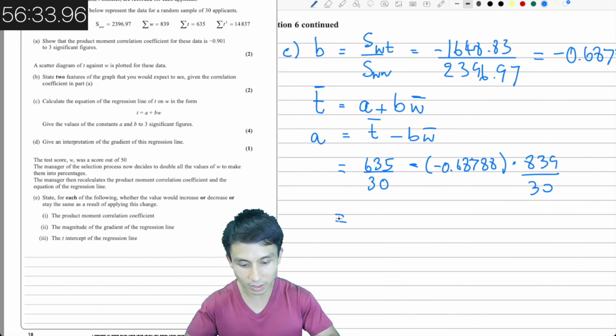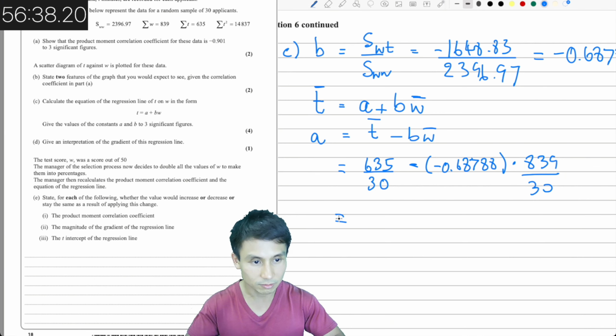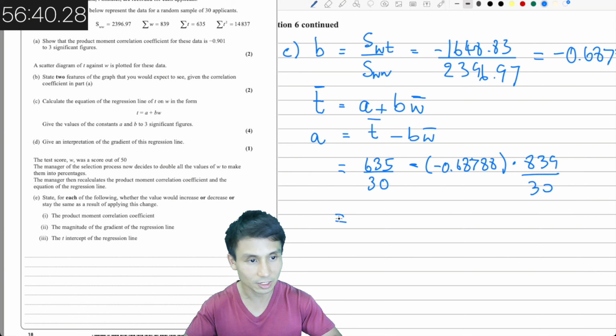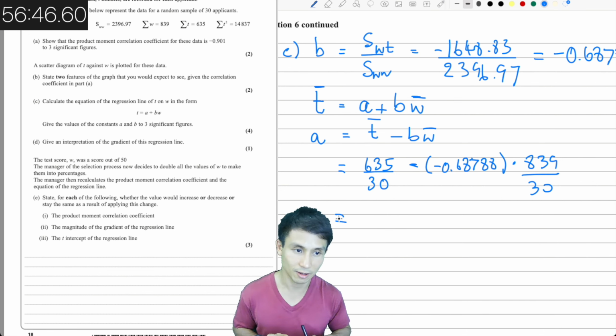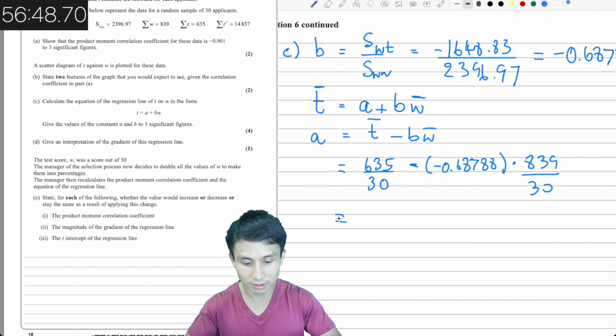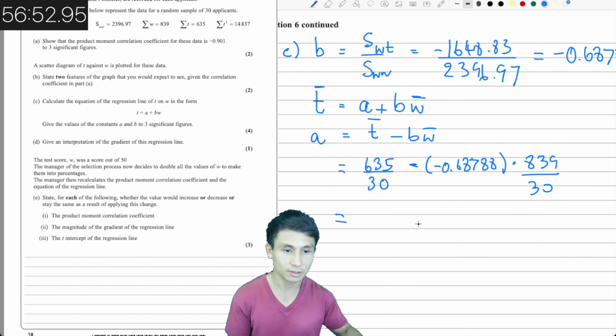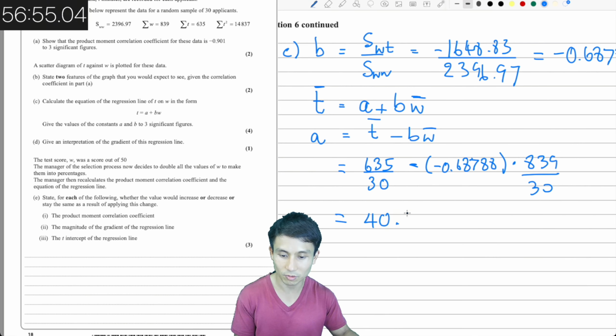Just put everything in the calculator, 635 over 30, and then minus B, so minus minus 0.68788, the one we got there, times 839 over 30. So that's my A, 40.404 and so on.